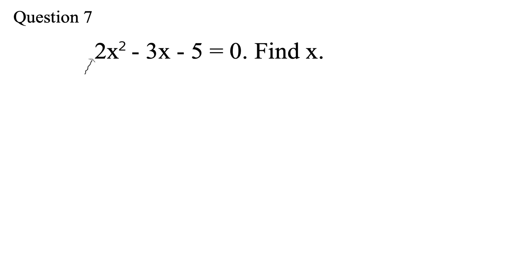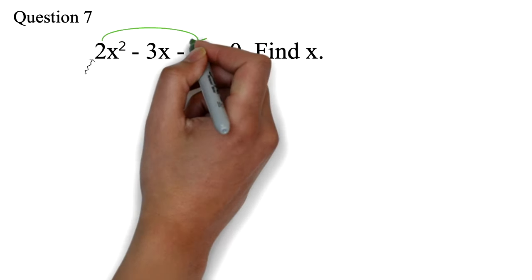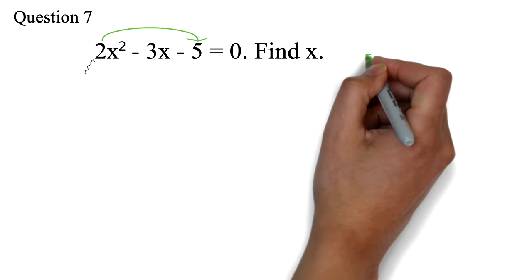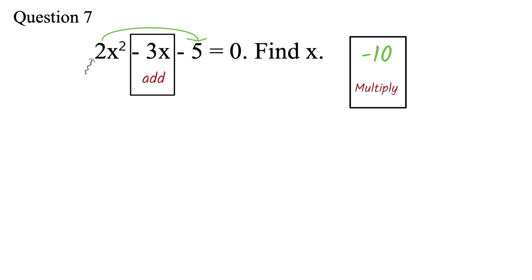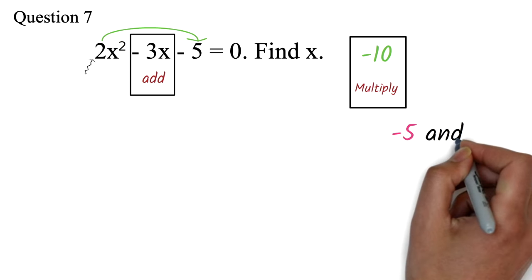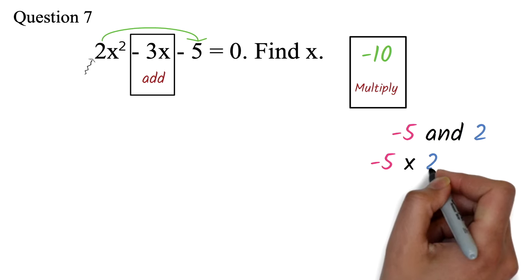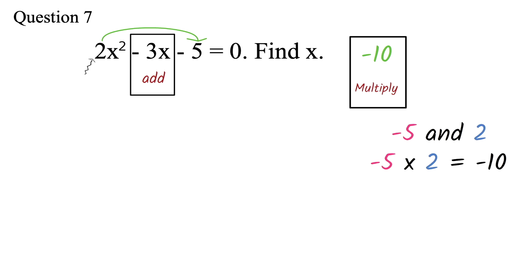Here, that number is 2. When you get a case like this, the first step is to multiply the 2 and the constant minus 5. This will give us negative 10. Step 2. You'll find two numbers that multiply to get the negative 10 and add to get the minus 3. The two numbers are negative 5 and positive 2. Negative 5 times 2 is negative 10. Negative 5 plus 2 is negative 3.